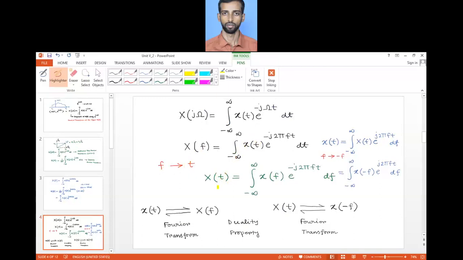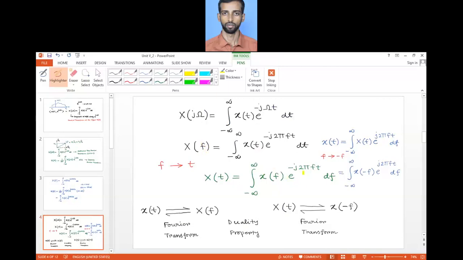So it becomes capital X of t on the left hand side, and on the right hand side the integral from minus to plus infinity of small x, then in place of t we place f, then e to the power minus j 2 pi f t df. We have just changed this notation. Whenever we find f in the expression, we make it t, and whenever we find t, we make it f. So why have we done so?